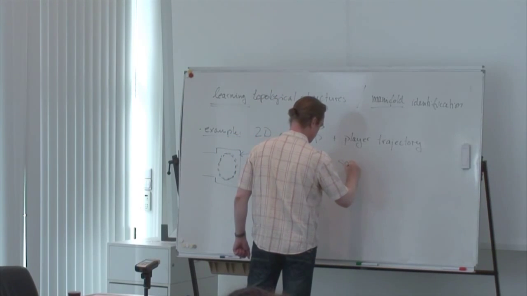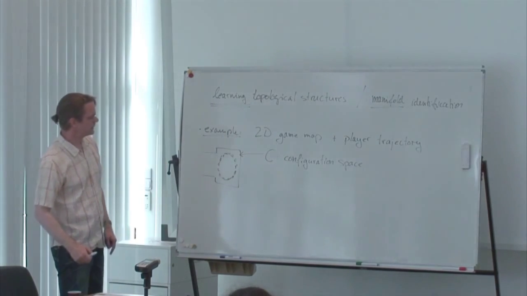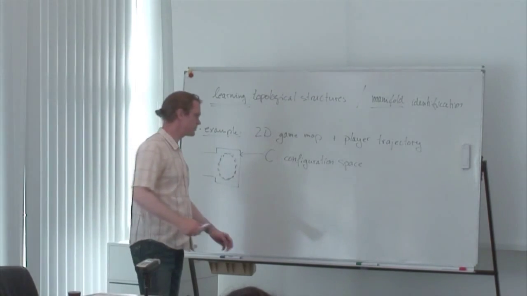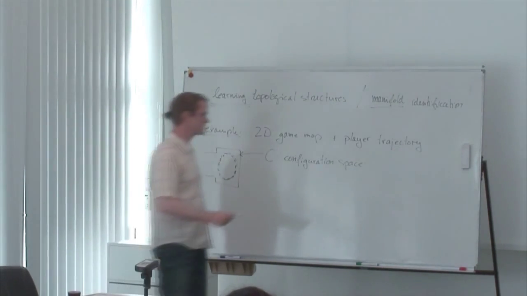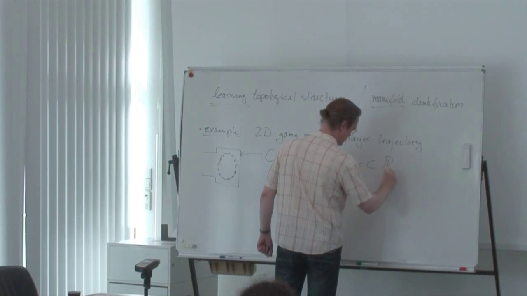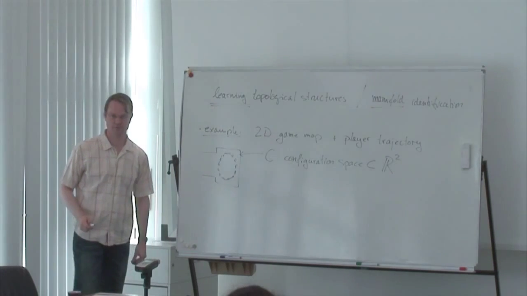Configuration space. And, well, for all intents and purposes in this two-dimensional example, this is, of course, a subset of the two-dimensional vector space over the real numbers.